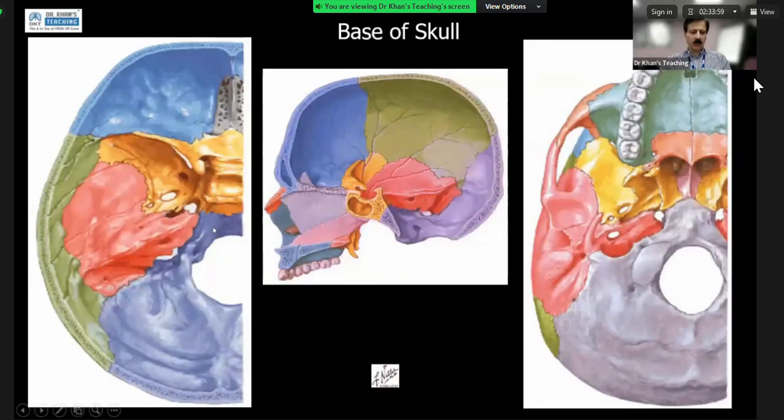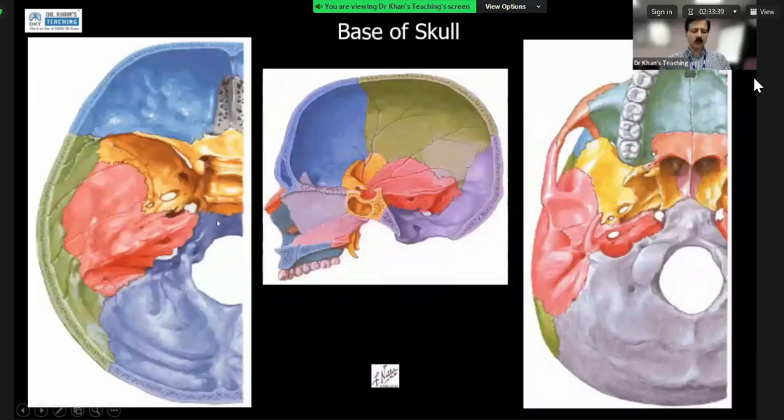Now, the second part of the occipital bone is the condyles. All of you know the condyles. They are very easy to remember because this is where the joint between the atlas and the occipital bone is, the atlanto-occipital joint.